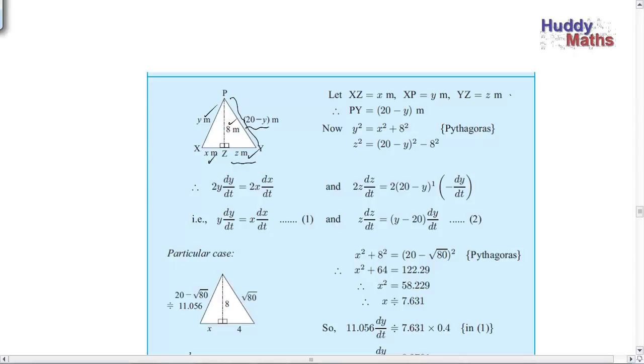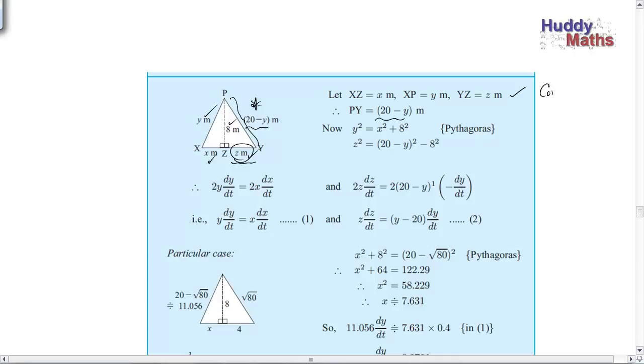So we list down what you're going to call the varying quantities, as well as put them on a diagram. And we've concluded that this is 20 take y there, because the length of the rope is 20. Now we've got a lot of stuff to connect here, because we want to find dz by dt, and we've got to connect that to the given rate, which is dx by dt.